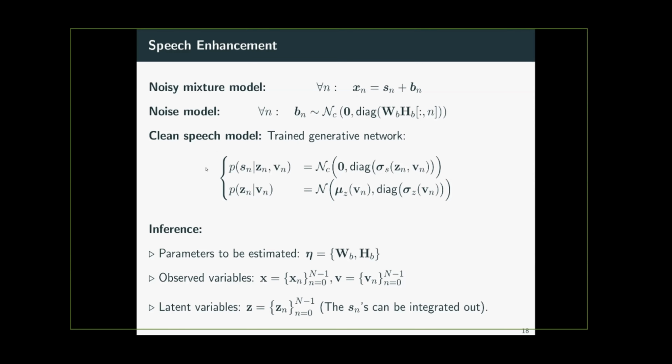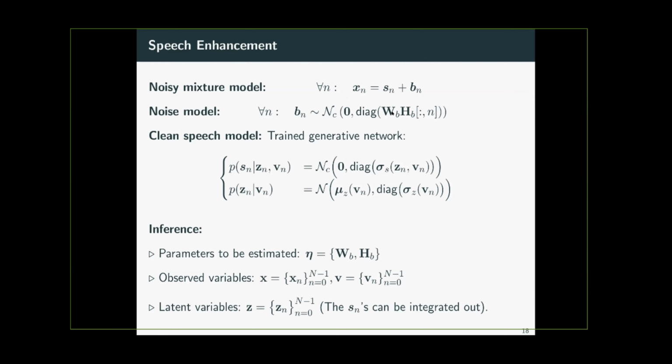Our probabilistic model here is the following. I am going to say that X is the sum of S plus noise B. This is deterministic addition. And then the noise B is going to have a certain amount of energy that is given by a non-negative matrix factorization model.